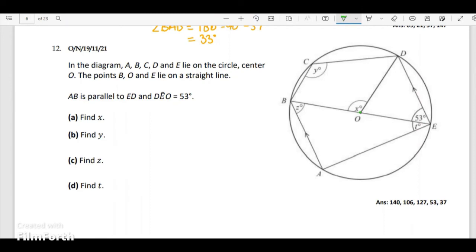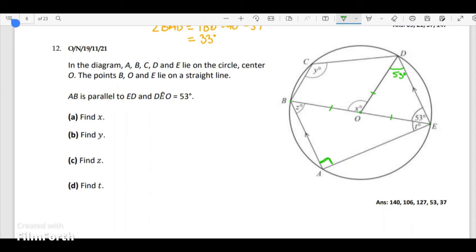This is the center, so this and this would all be radii. So this angle would be 53 degrees, though not given. Though not required, I'm just writing it down, maybe it would be needed later on. This angle would be 90 degrees because it's made by the diameter, that's BE.